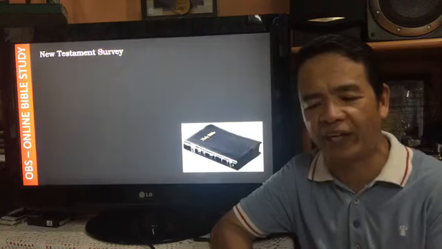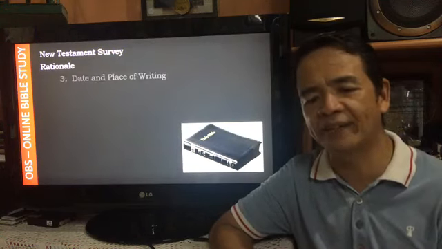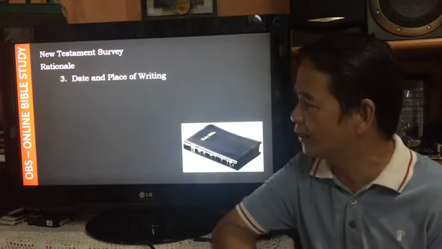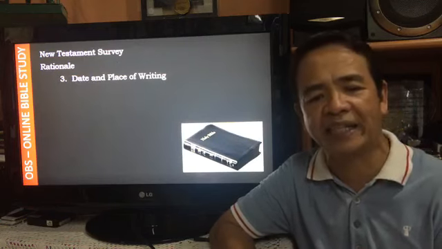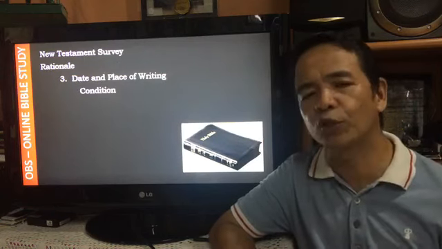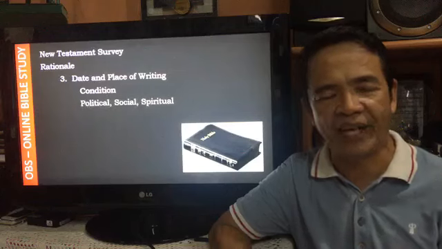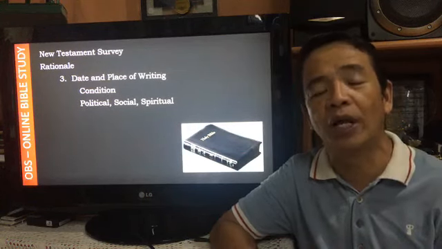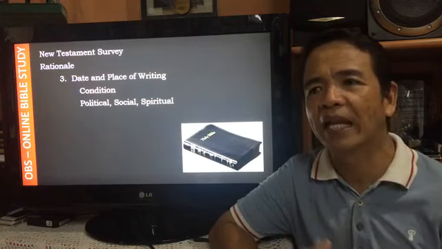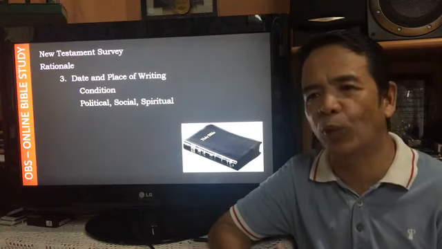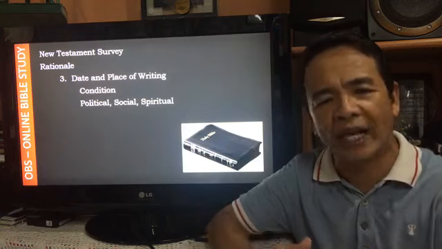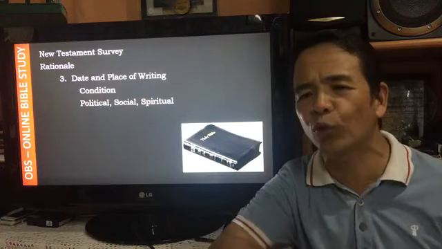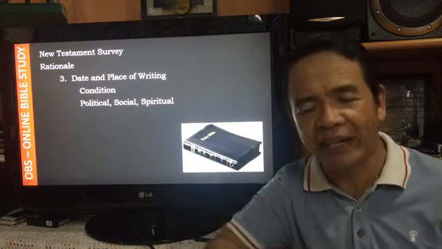What's their particular need? The other one is we need to take into consideration the date and place of writing, the condition during the time of writing, and then the political, the social, and the spiritual condition during the time of writing. Not only that, we also need to consider contextually the immediate context during the event.